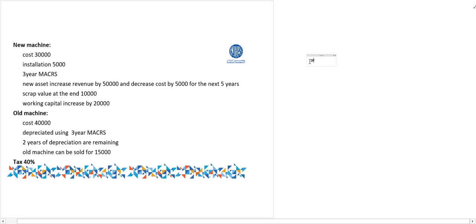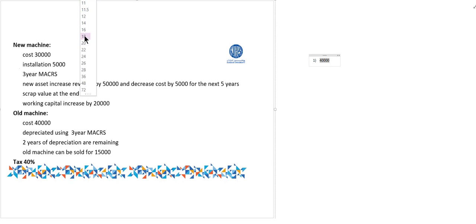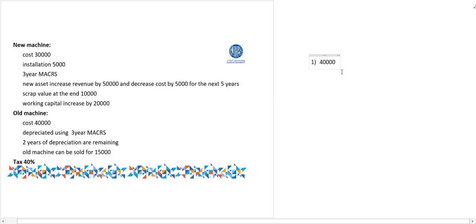See, year 1 can be calculated in this way. For year 1, we can calculate how much the depreciation will be, right? Cost of the asset was 40,000. So 40,000, let me expand the size of this one, increase the font size to make it visible. Okay. Cost of this one was 40,000 and it comes under the 3 years MACRS class.